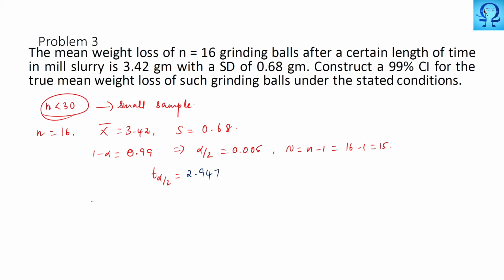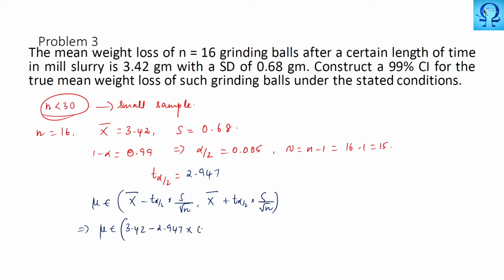Now mu will be in x bar minus t alpha upon 2 product with s upon under root n, comma x bar plus t alpha upon 2 multiplied with s upon under root n. So mu will be in 3.42 minus 2.947 multiplied with 0.68 upon under root 16 comma 3.42 plus 2.947 into 0.68 upon under root 16.